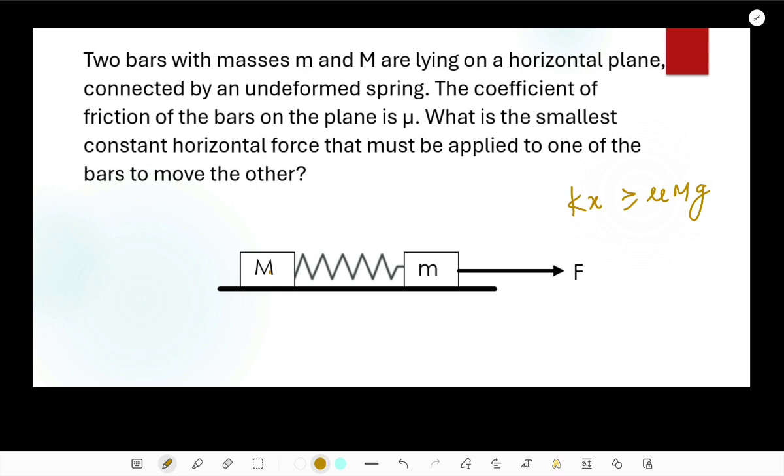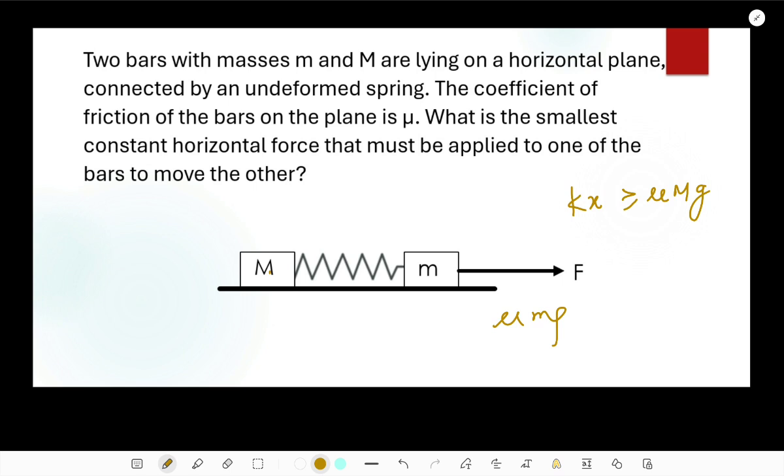So force of kinetic friction is going to act on it, and the force of kinetic friction on it will be equal to mu mg as well. Two forces are acting on the block of mass m.